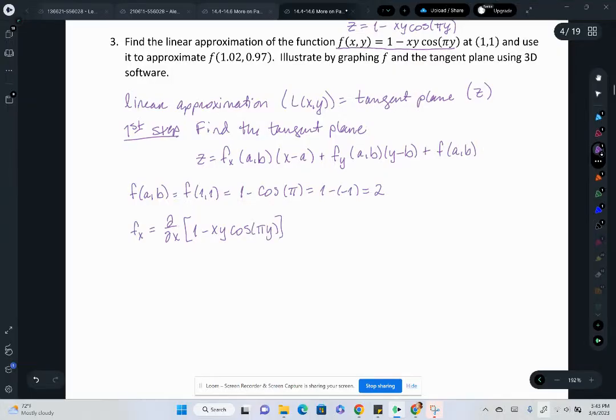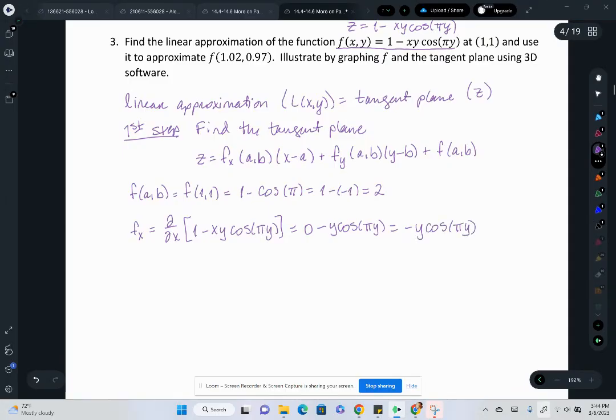Now notice if we take the derivative of 1, we just get 0. And then in the next term, I have x times 2 functions of y. Well, the functions of y are just constants. So when I take the derivative of x, I just get 1 times the constant, so I get minus y cosine of pi y. And I can drop the 0 and just write this as minus y cosine of pi y.